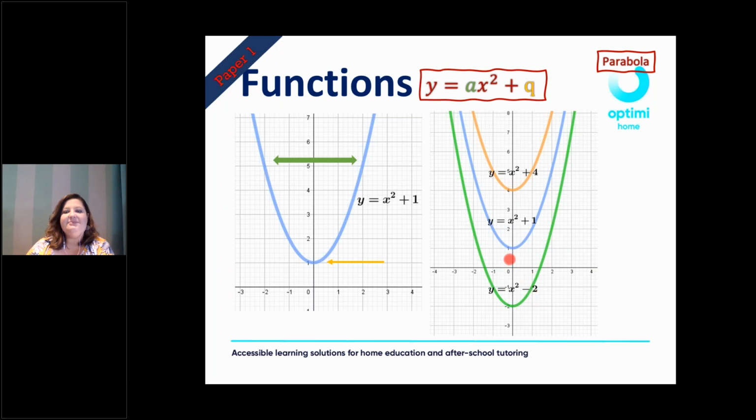It means that it cuts my y-axis at -2. Then x squared plus 1 cuts my y-axis at 1, and x squared plus 4 cuts my y-axis at the point 4, the positive 4. Okay, so again, the same as with the straight line, my Q indicates my y-intercept.